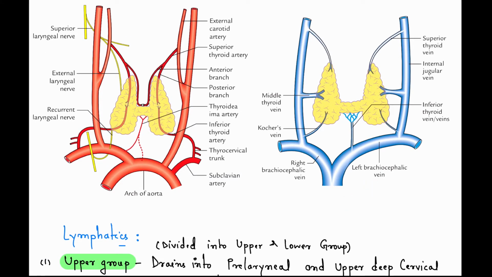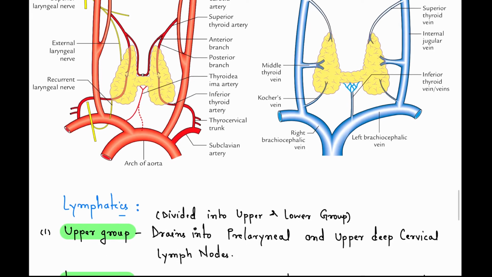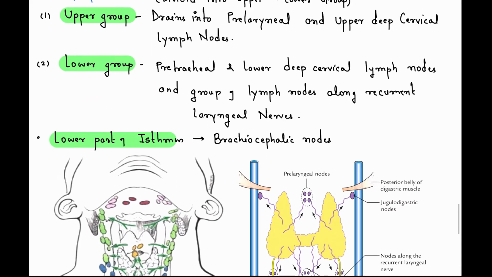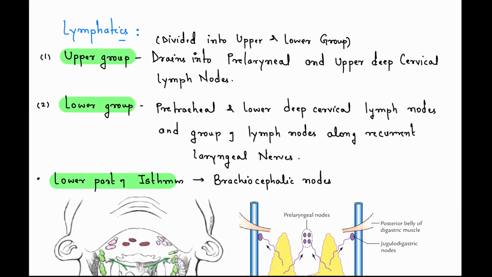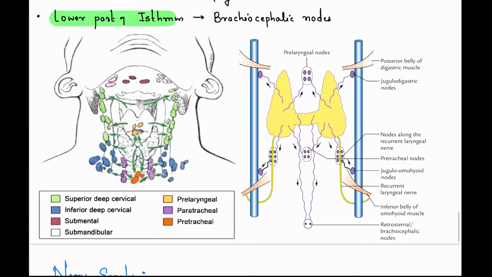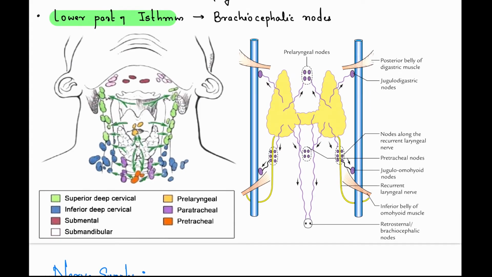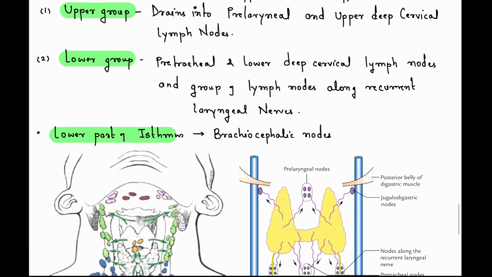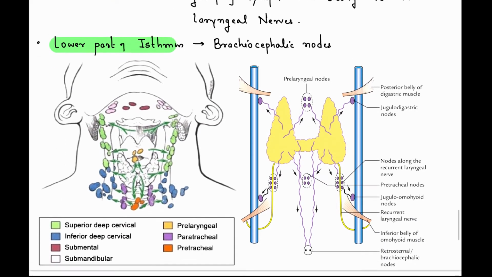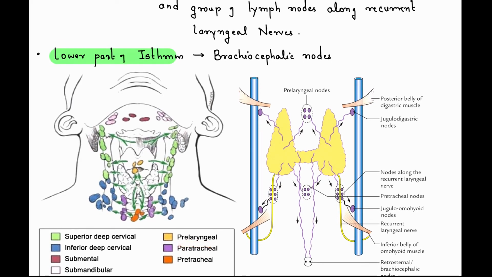Here you can see the picture. Talking about lymphatics, it's divided into 2 groups, the upper and the lower. The upper group drains into prelaryngeal and upper deep cervical nodes. Here the green ones are the deep cervical nodes. You can see the prelaryngeal nodes here.